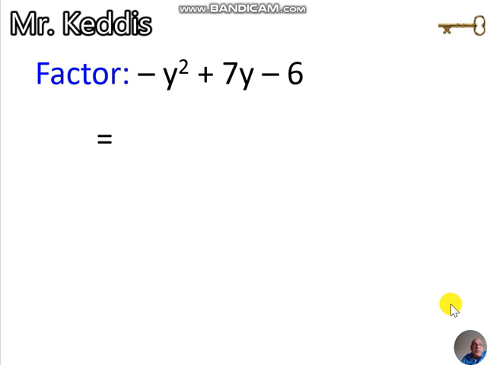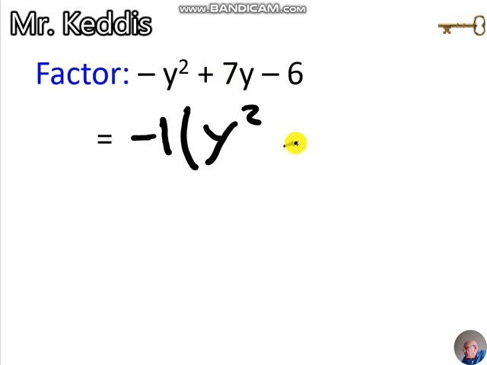I need to get rid of the negative here in front of the y squared. Means I have to take the negative 1 here, negative 1 common factor. And this one became y squared. Negative times what? You get positive 7. Negative times the negative to get positive 7y. Negative times what?